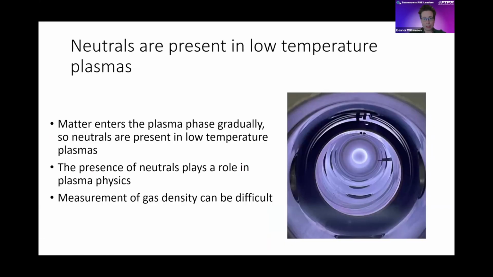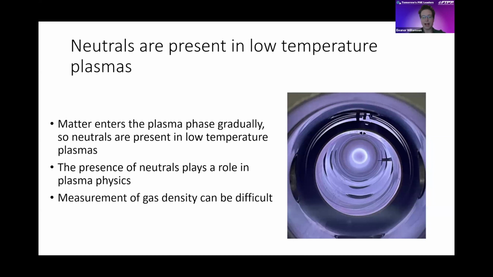Neutrals, as I mentioned before, are present in the low temperature plasmas that I work with. The low temperature plasmas that I work with are still quite hot. Matter enters the plasma phase gradually, as I mentioned before. What's particularly interesting is that the presence of neutrals does play an important role in plasma physics.